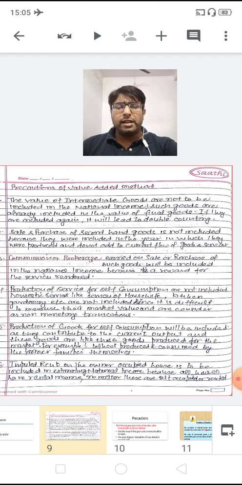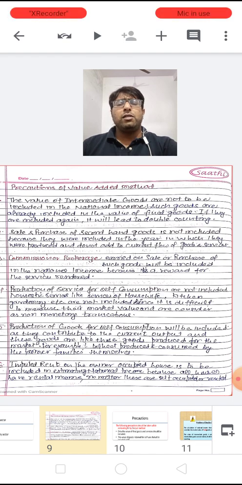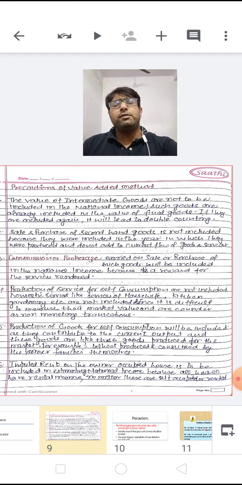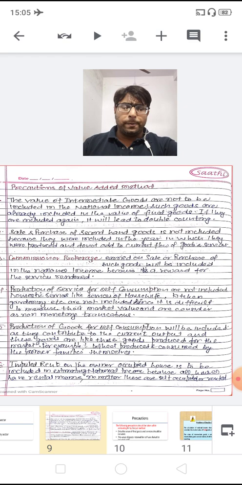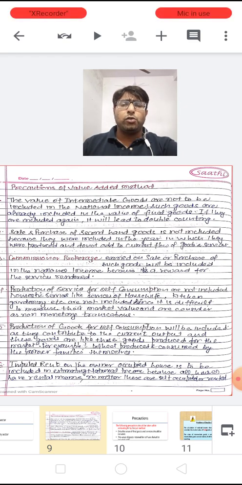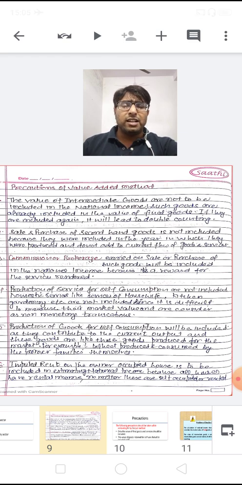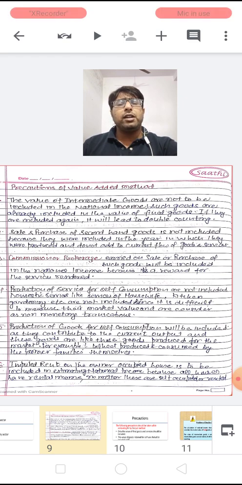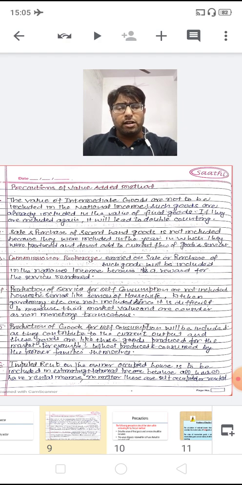For example, wheat produced is consumed by the farmer's family themselves. With this precaution we learn that if there is any production of goods for self consumption, then it is definitely included in estimating the national income.